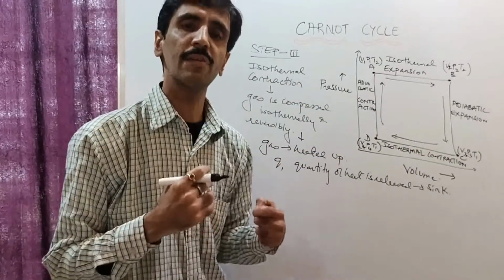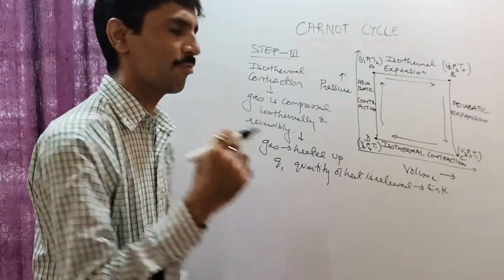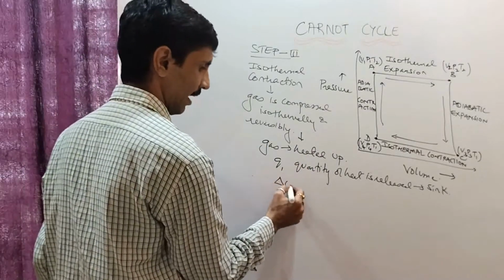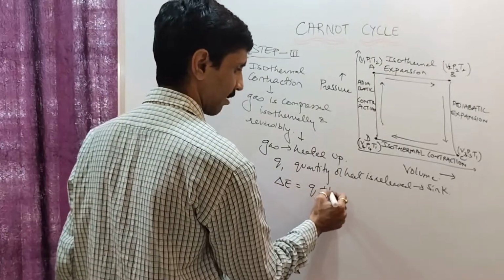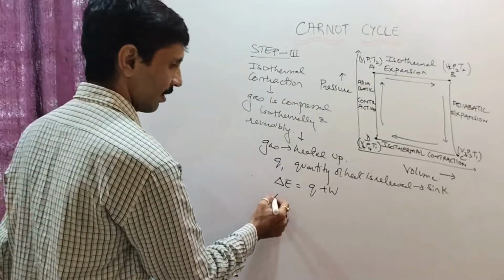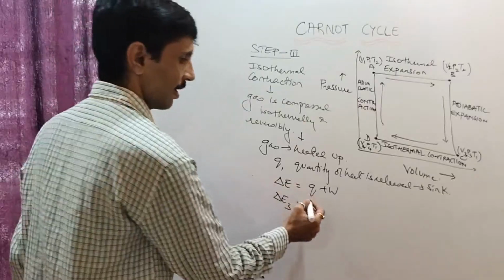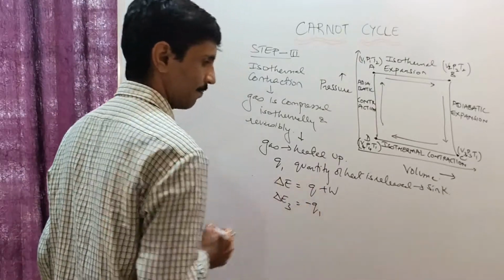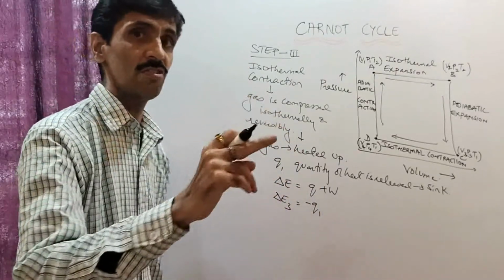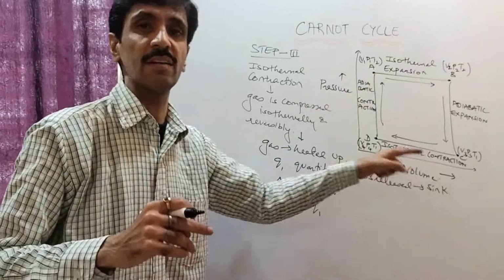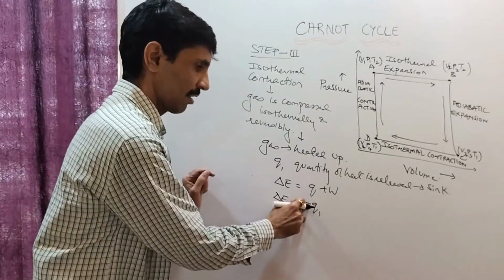As a result of which, my dear friends, if you go for the first law of thermodynamics, which says that delta E is equal to Q plus W, here we have delta E3 because it is step number 3. We have now minus Q1. Why minus Q1? Because the heat is released by the system. So it is exothermic, so it is negative.